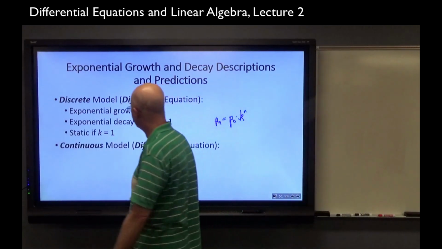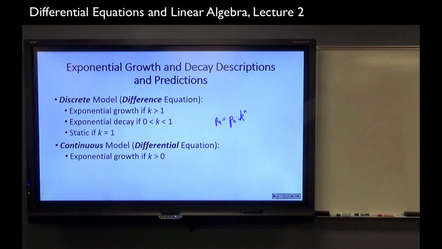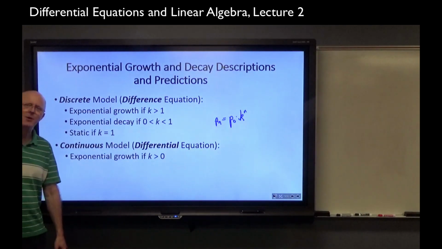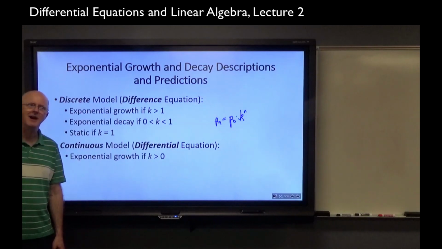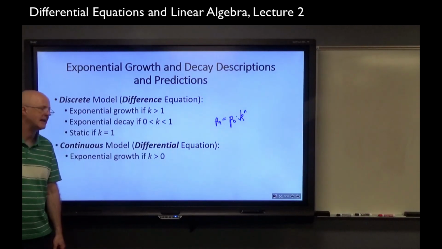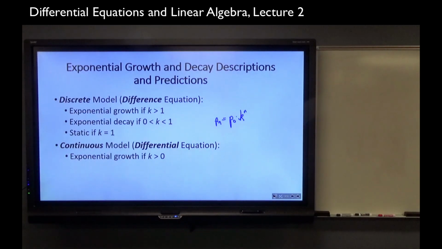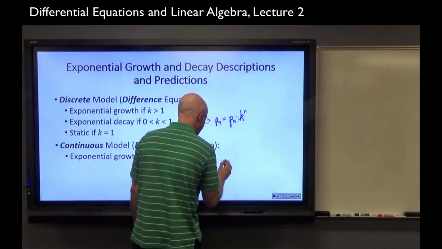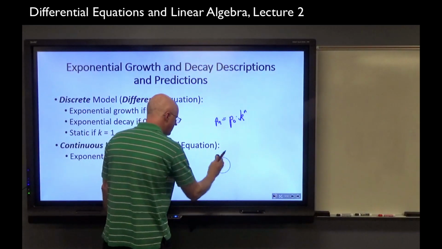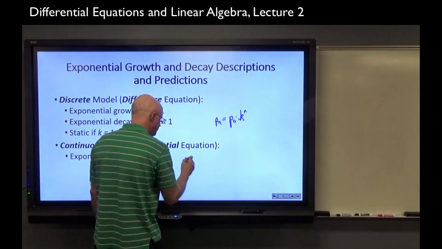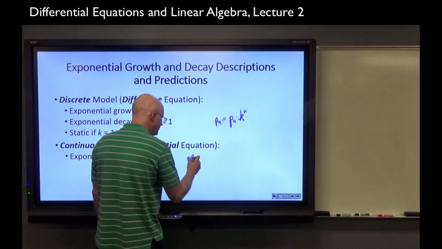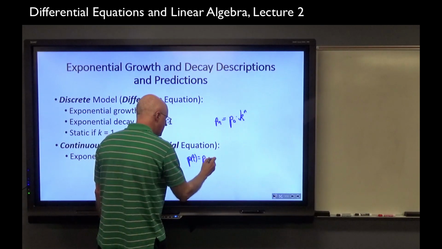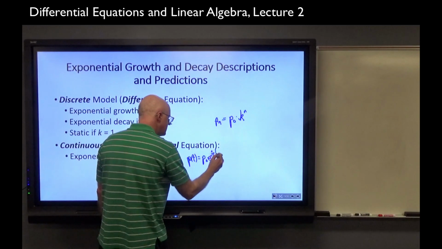For the continuous model, the differential equation, it is different. We have exponential growth if k is positive. And by the way, I don't know if you noticed there in the differential equation, I actually was allowing k to be negative in that case. I didn't say k had to be positive. It's exponential growth if k is positive. The formula for the solution is P of t equals P0 e to the kt.